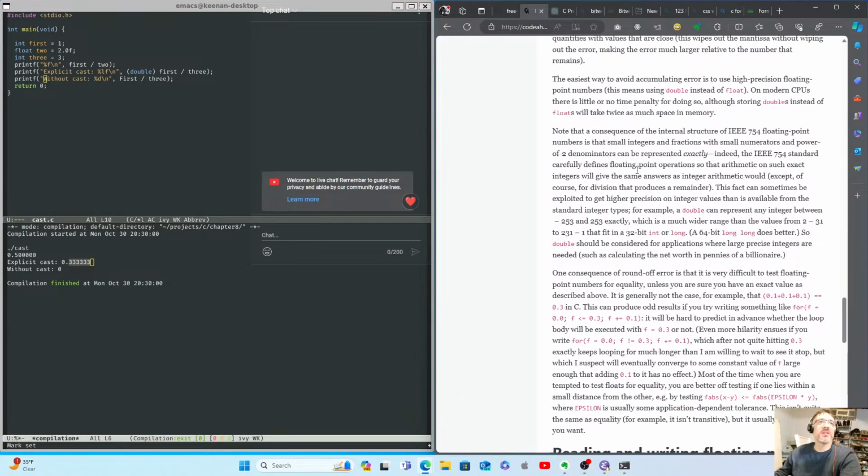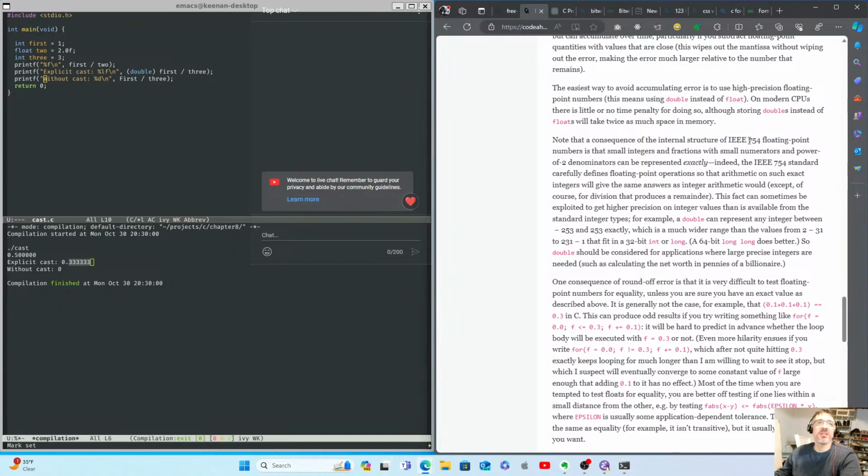Note that a consequence of the internal structure of IEEE 754 floating point numbers is that small integers and fractions with small numerators and power of 2 denominators can be represented exactly. Indeed, the IEEE 754 standard carefully defines floating point operations so that arithmetic on such exact integers will give the same answers as integer arithmetic would, except of course for division that produces a remainder.